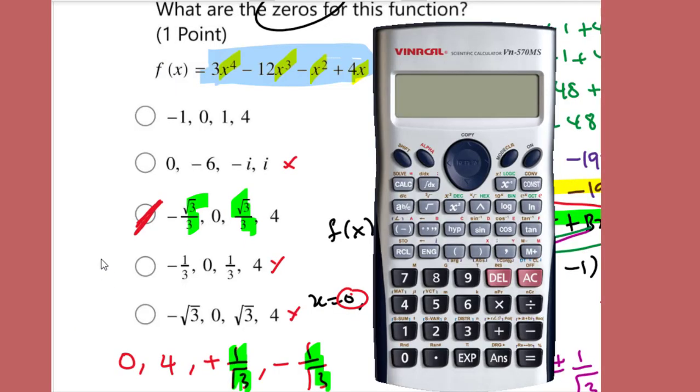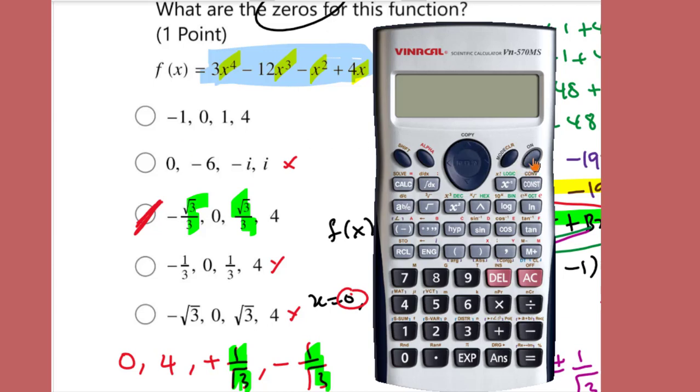For this number, besides finding the zeros manually, you can use a calculator. This is an old version of the calculator, and maybe you have a newer version, but I just want to show how to check the zeros.